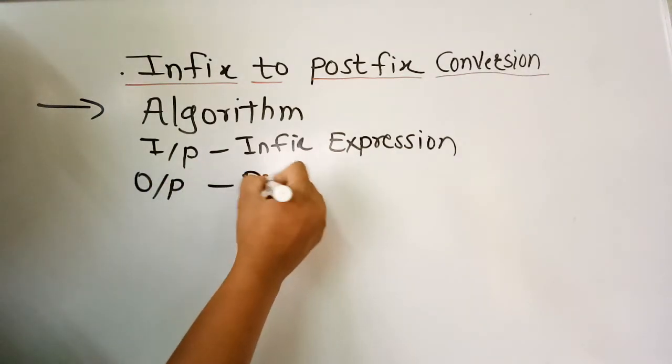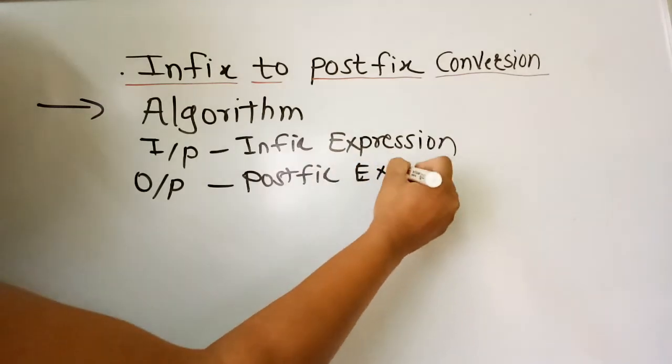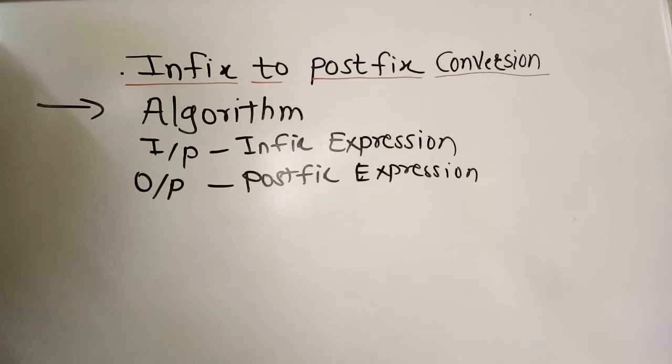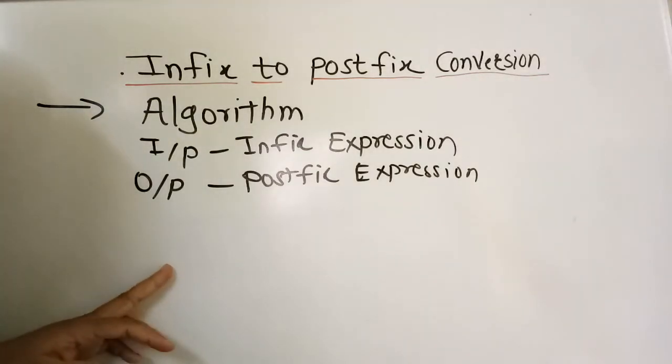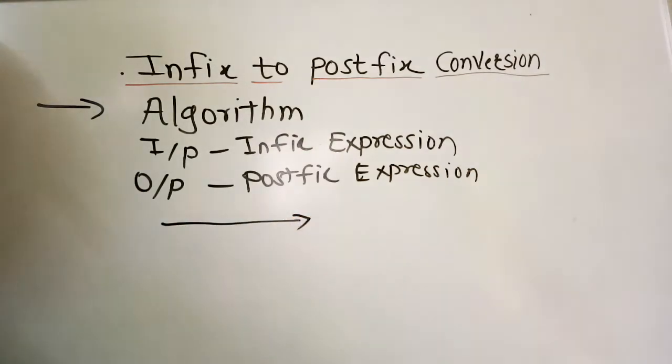The output is the converted postfix expression. Now, what do we have to do while converting infix to postfix? The machine will read the input expression from left to right, character by character, from this side to this side.